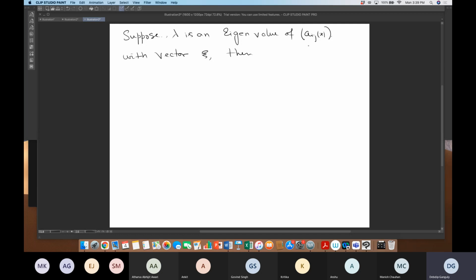If lambda is an eigenvalue of the matrix A with eigenvector ξ, what does it mean? A ξ is equal to lambda ξ. Now take the inner product with ξ.